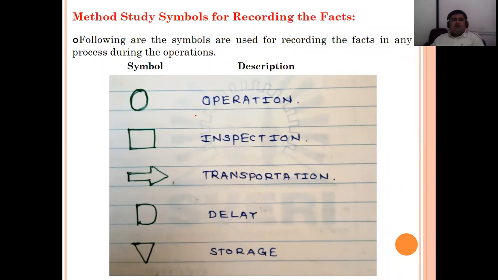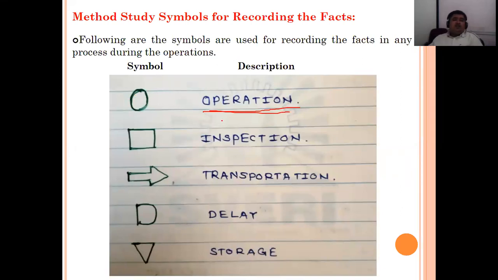First is operation. Operation is going on, it is not yet completed, it is in the ongoing stage. So that is represented with the help of a simple circle.